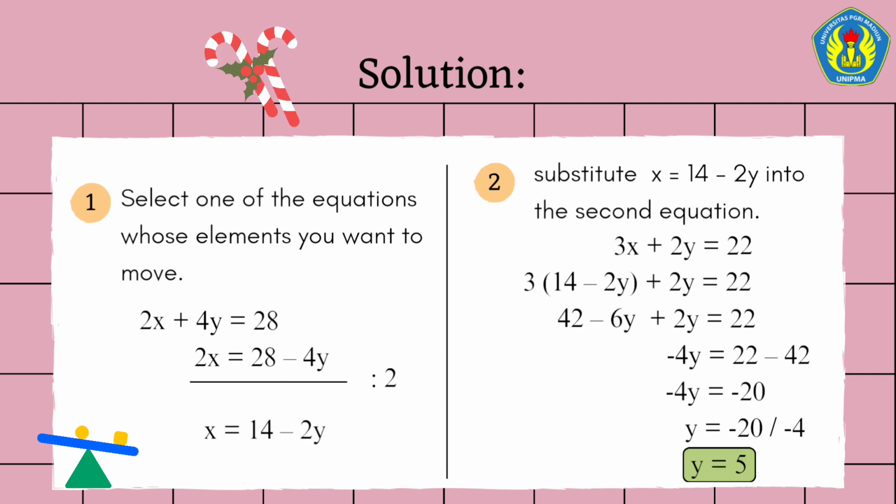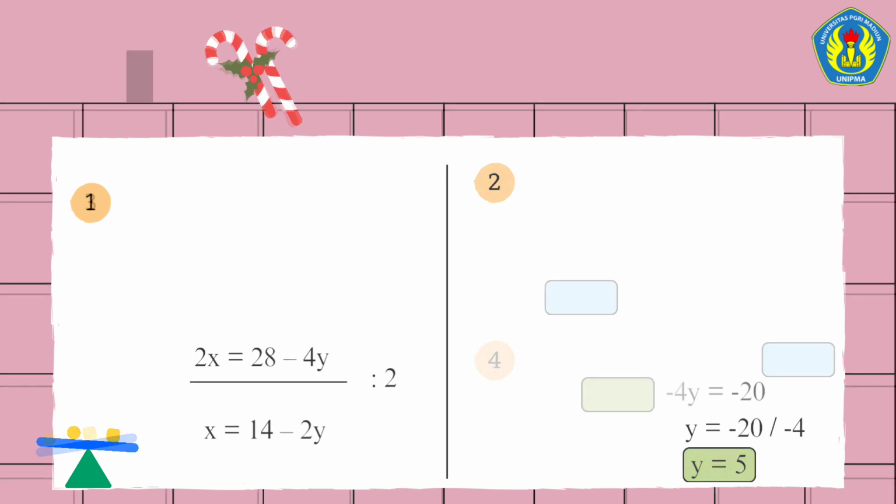Because we chose the y variable to be moved, the coefficient on the x variable is removed by dividing each side by the x coefficient value, namely 2. 2x divided by 2 equals x, and 28 minus 4y divided by 2. Then the equation x equals 14 minus 2y is produced as a solution of the variable x.